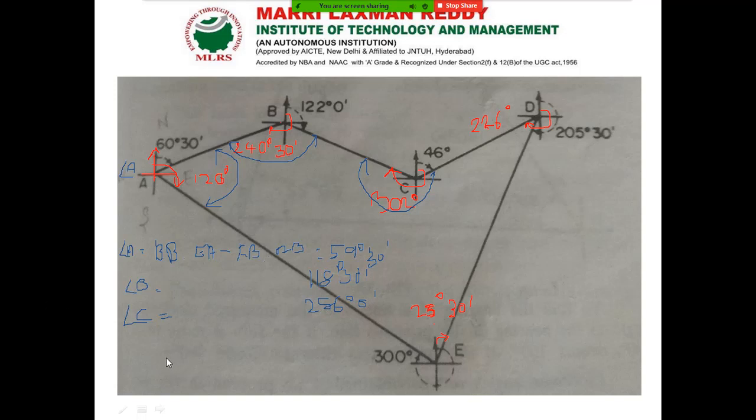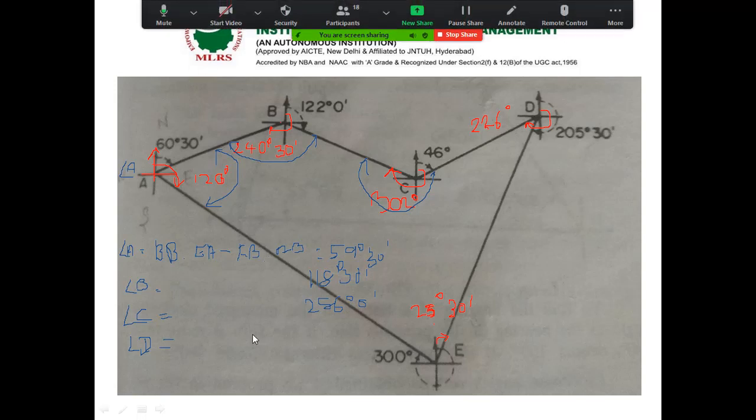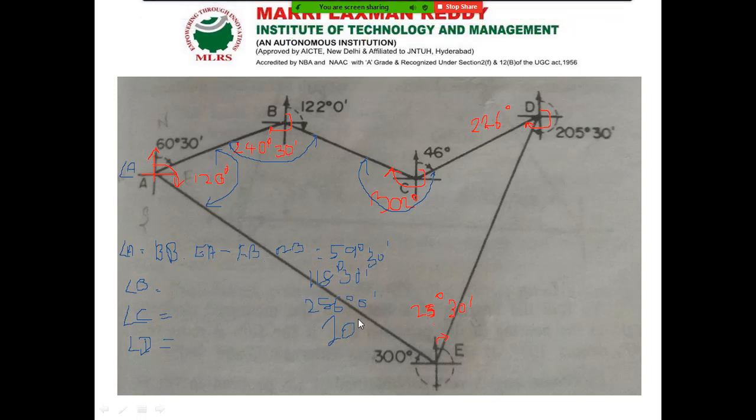Next, included angle at point D. So back bearing of previous line is 226 degree minus forebearing of next line, that is 205 degree 30 minutes. So that I am getting the value as 20 degree 30 minutes.